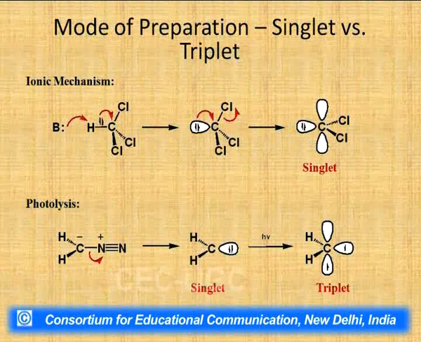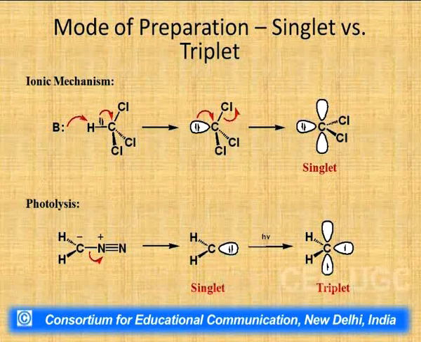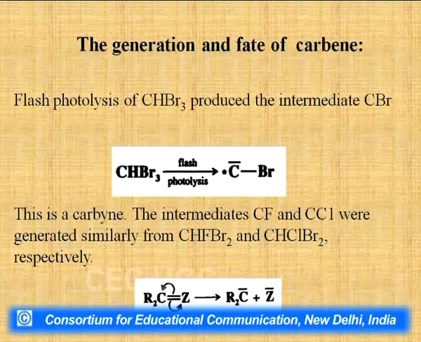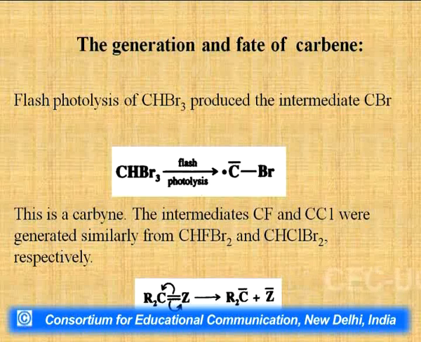Mode of preparation of singlet and triplet carbenes. You can see the singlet carbenes can be prepared by an ionic mechanism, and triplet carbenes can be prepared by the photolytic method, from diazo compounds. Flash photolysis of CHBr3, tribromomethane, produces the intermediate CBr. This is a carbene.